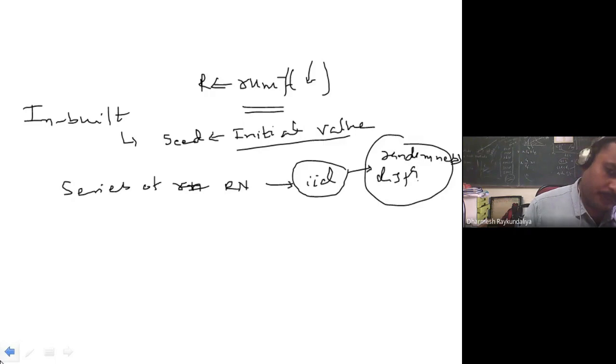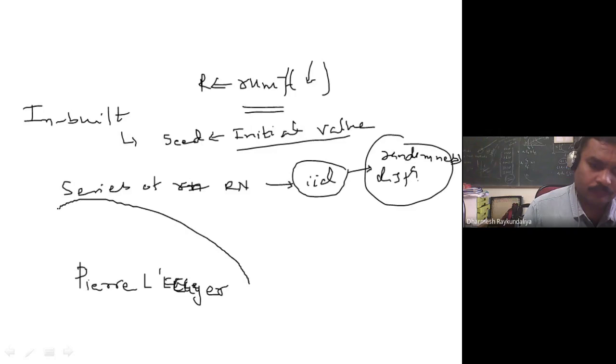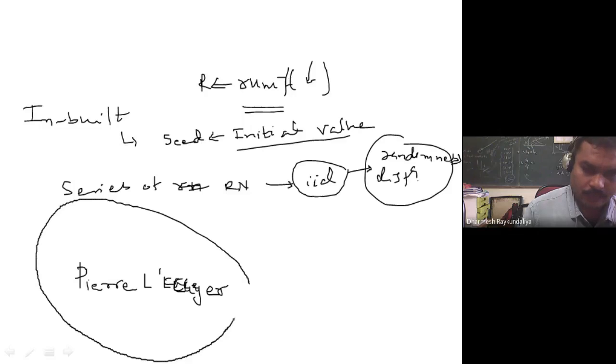Who is the pioneer who gave the concept of random numbers? That is Pierre L'Ecuyer. Who is the person who gave the concept of a random number generator?